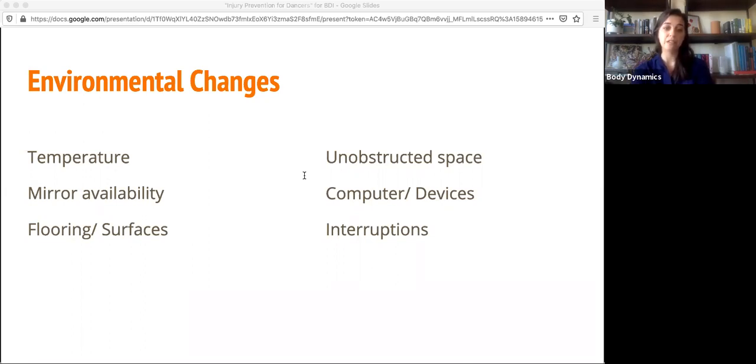You might be able to work with your instructors on reorganizing class structure so that you're doing your combination and then you get feedback, so you're not trying to focus on your dance and at the same time be paying attention to your screen. That could be hard to manage.